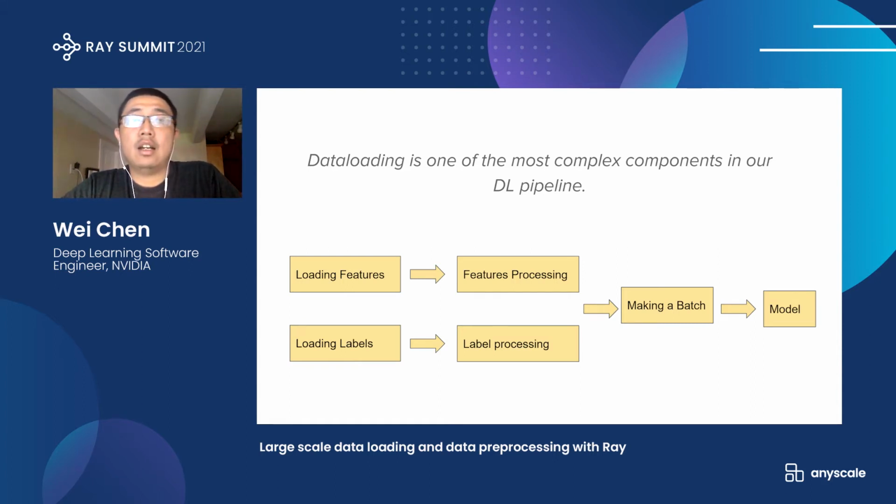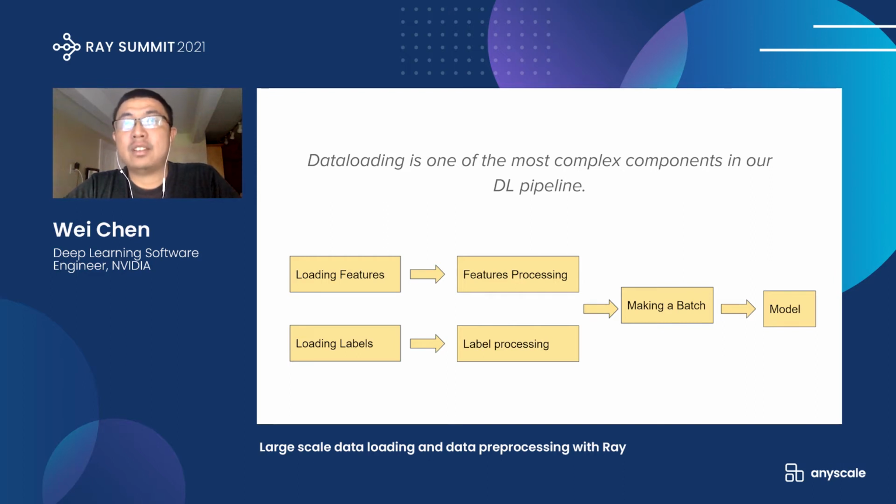For labels, for a classification task, the label could be just a class ID. So the label processing for this kind of task is quite simple. It's just converting the class ID, maybe an integer, to a tensor.